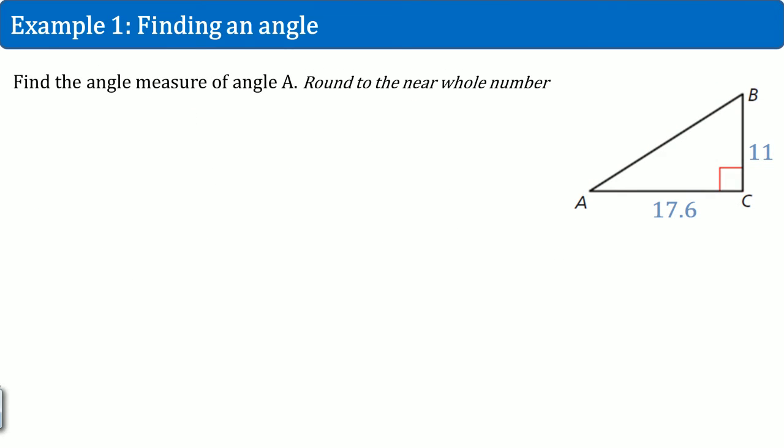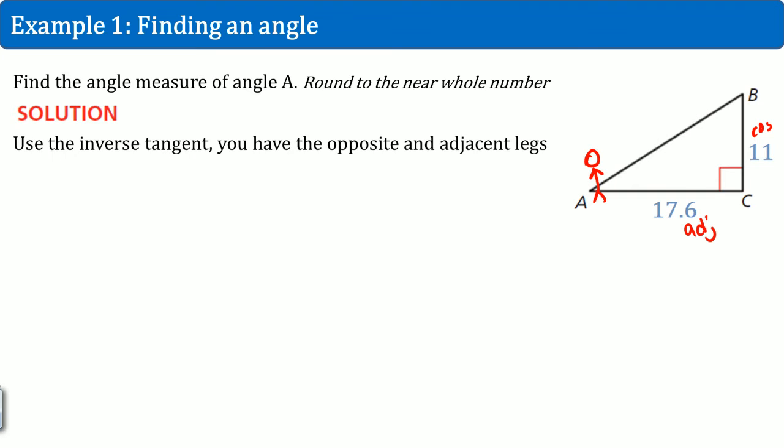The question: find the angle measurement of angle A, round to the nearest whole number. You should notice there is a missing angle here. You don't know it, so I'm just going to draw our triangle here, and we don't know what it is. But we know 17.6 is our adjacent side based on the point of view of angle A, and we know 11 is our opposite. Here's our solution.